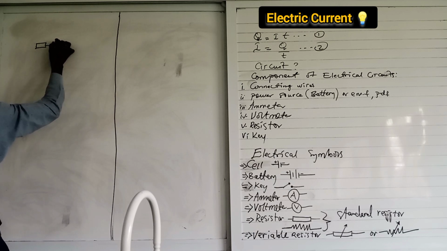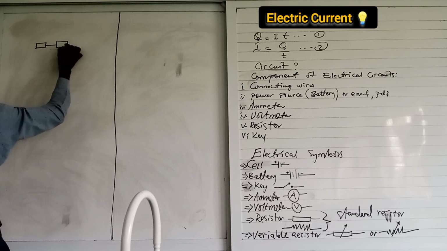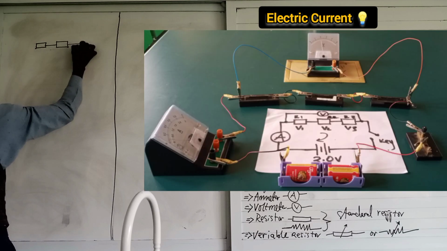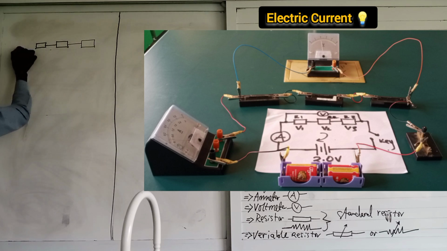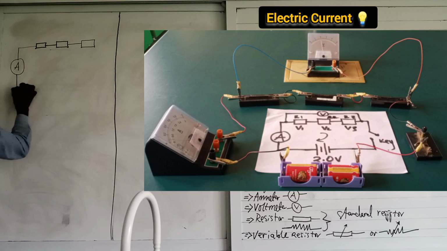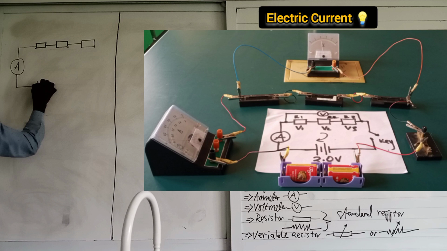resistor 1, resistor 2, and resistor 3. They are connected in series, and your ammeter is somewhere here, and you have two cells here.